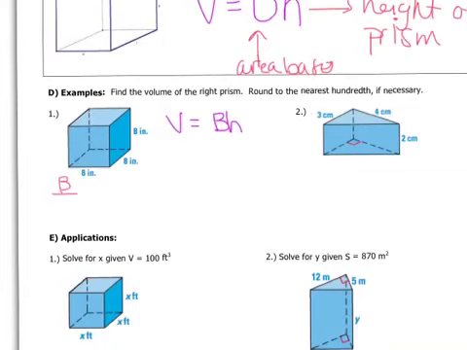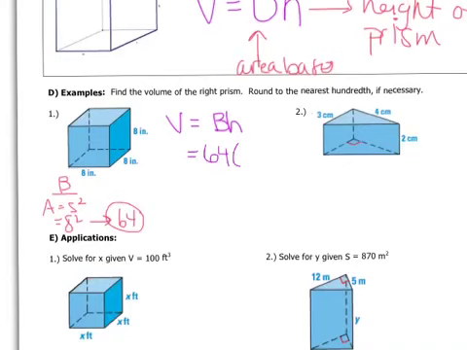It's a cube, so the base would be a square. Area of a square is side squared, where the side length is 8. So the area of our base is 64. We can plug that into our formula.